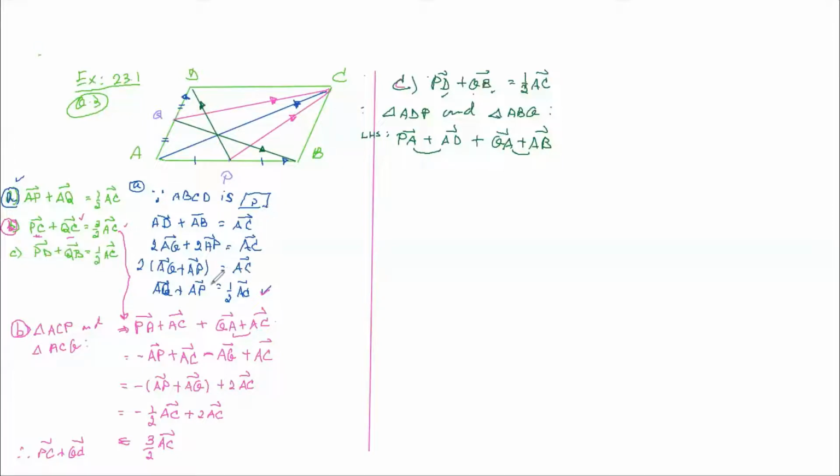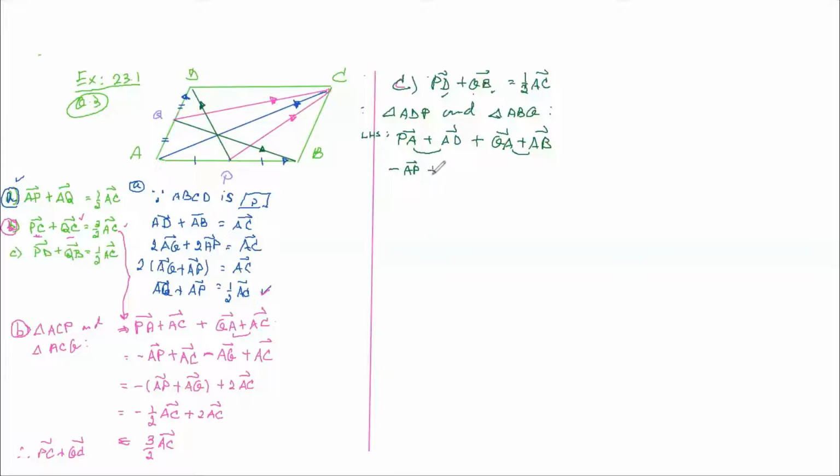Because we labelled A, B, C, D, the direction has to be AP or PB. If you call it the opposite, then it's just the negative. So PA is negative AP.